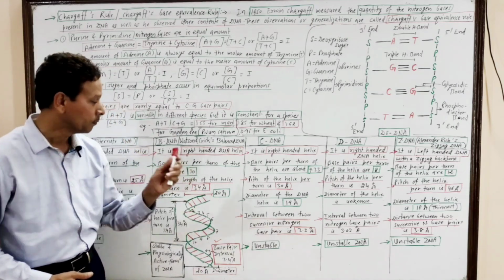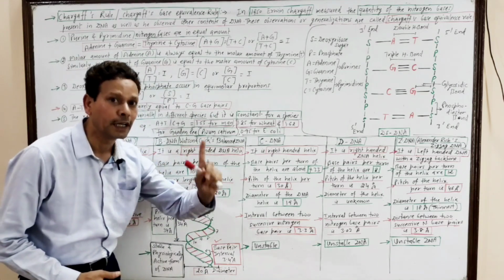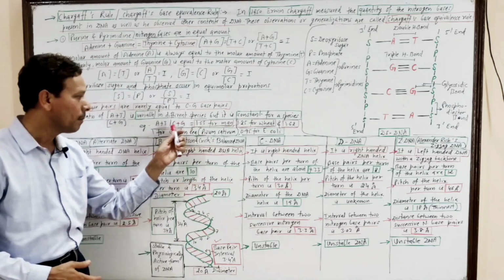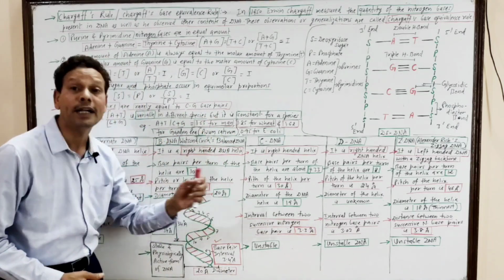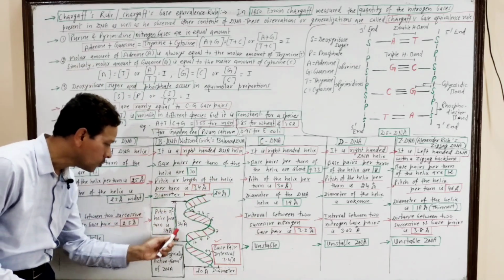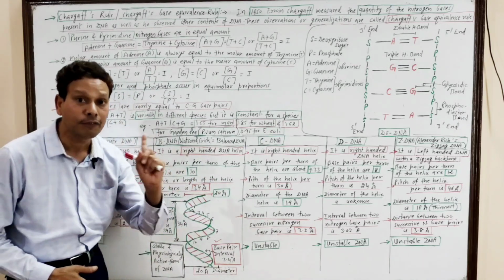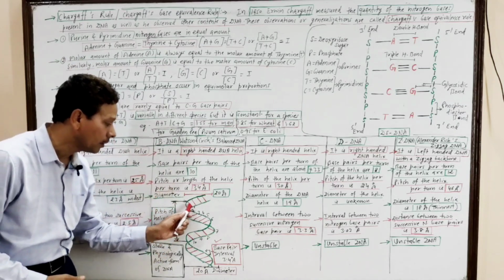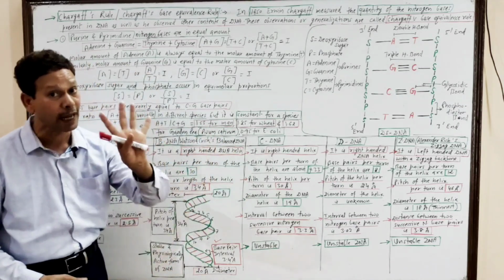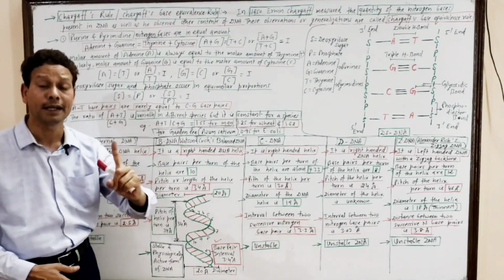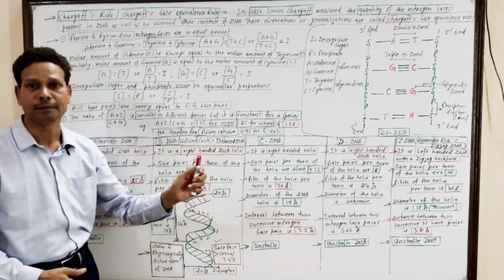Note down the diameter of this B DNA, the Watson and Crick model: the diameter is 20 angstrom, the pitch of the helix per turn is 34 angstrom, and in each turn about 10 nucleotides or nitrogen bases are present.